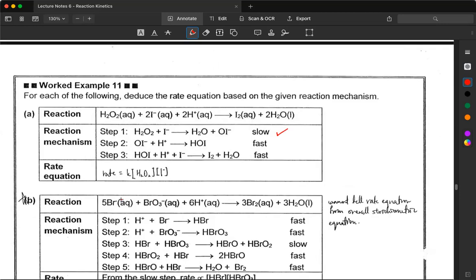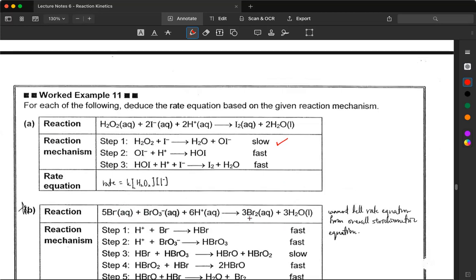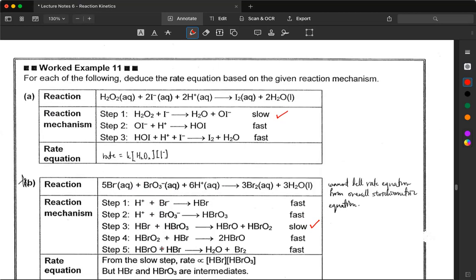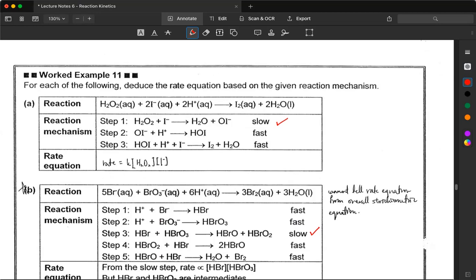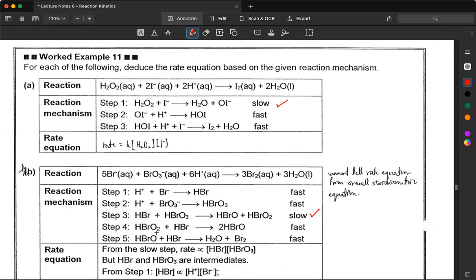Then for this one, you have a reaction that is a bit more complicated. These are the steps. You focus on the slow step first, and you write this first. But both are intermediates, so you need to equate them to others. The HBr is actually related to these two.